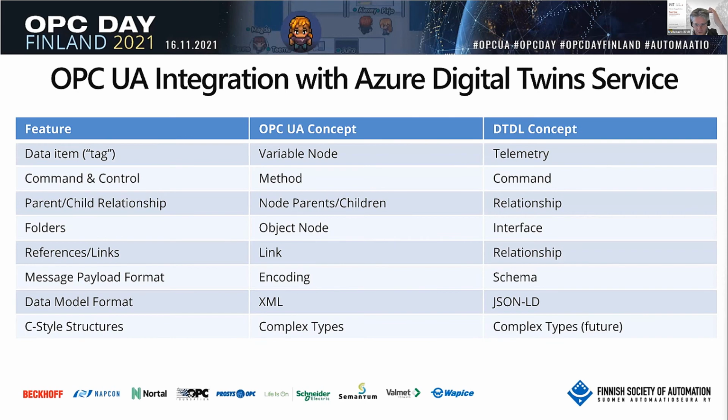So of course, Microsoft, in case you didn't know, I do work for Microsoft. So Microsoft also has a service called Digital Twins. And it's a proprietary service, but it's built around the concept of the Digital Twins Definition Language.